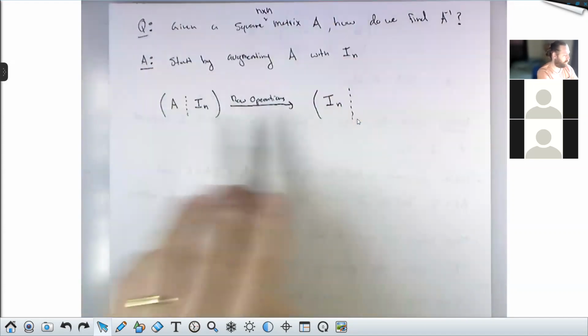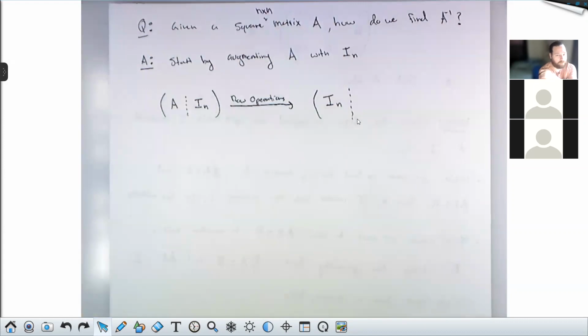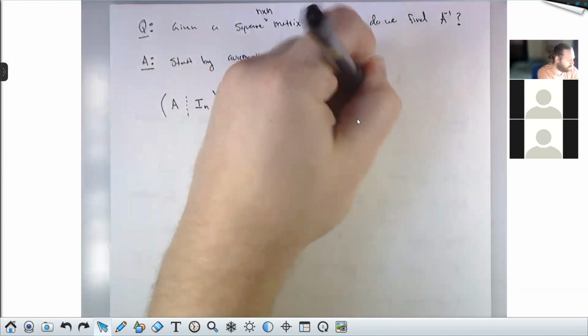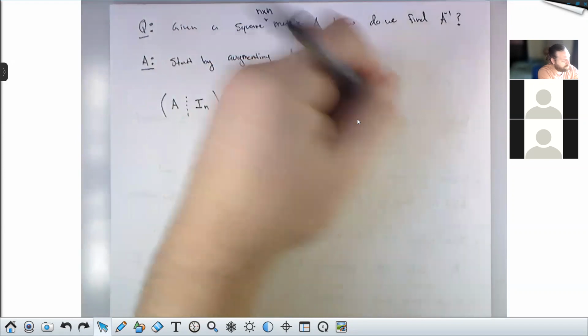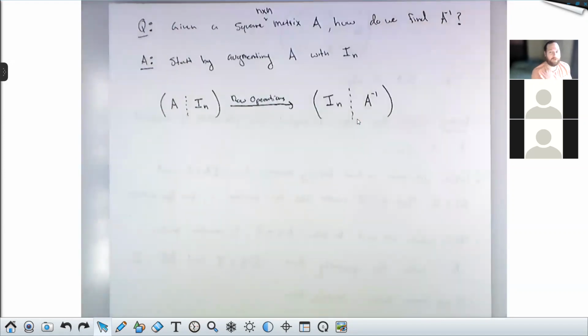Right? The same sort of things we were trying to do to solve our system. Clear out everything beneath the top left entry, make those 0, then make that top left entry 1, and continue clearing out everything except the stuff on the diagonals, then make all those diagonal entries 1. After you do that, the matrix that shows up on the right will be the inverse.